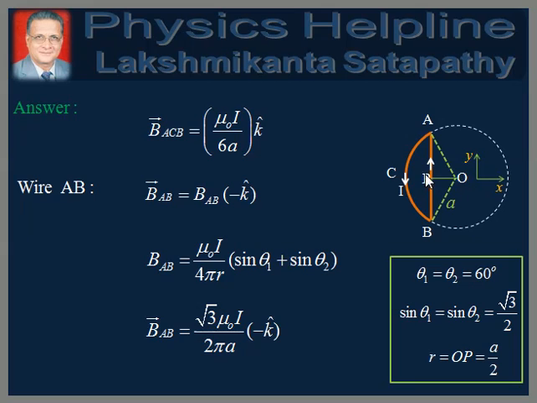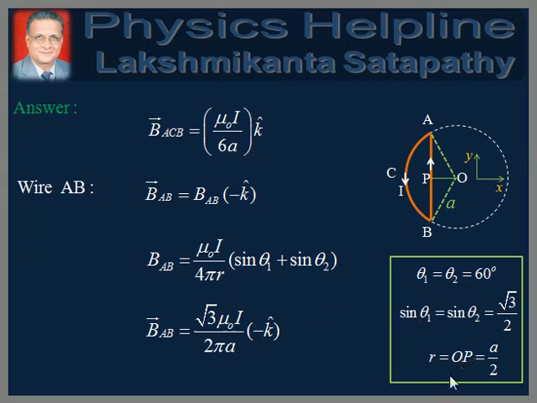Therefore, each angle BOA, POA and POB are each equal to 60 degrees. Therefore, theta 1 is equal to theta 2, which is equal to 60 degrees. Therefore, sin theta 1 is equal to sin theta 2, which is equal to sin 60, which is equal to root 3 by 2. So, putting root 3 by 2 plus root 3 by 2 gives us root 3. Therefore, the numerator becomes root 3 mu 0 I.